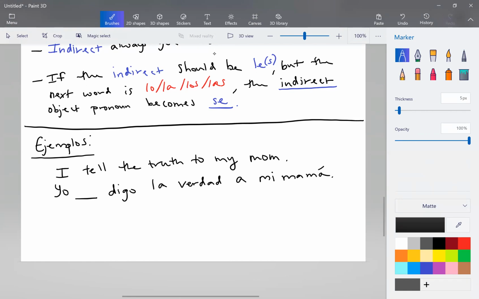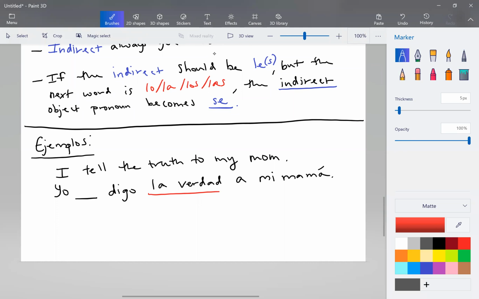So the first thing we should do is break down this sentence so we can identify the direct object and the indirect object. What am I telling? The truth. If we took off a mi mamá, to my mom, would that sentence still make sense? Yes.